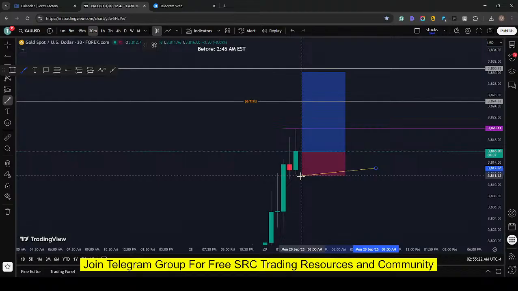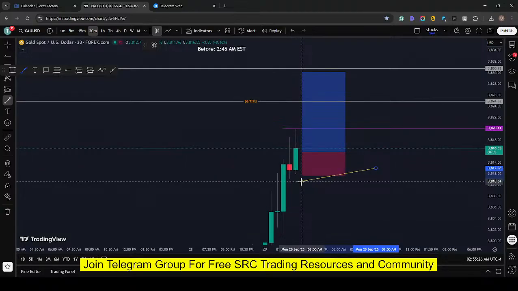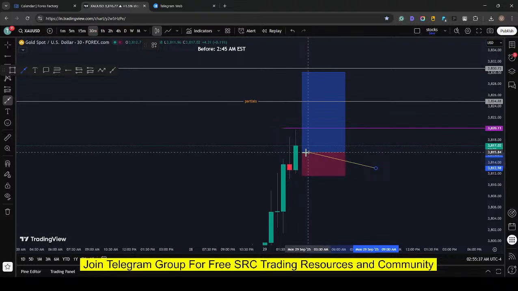New candle pushes down a little bit, then it starts flipping and pushing up.